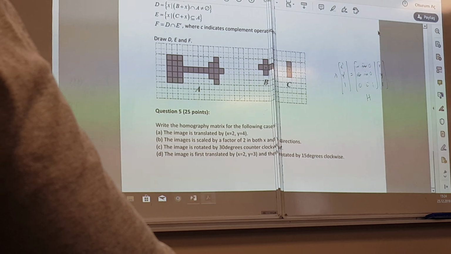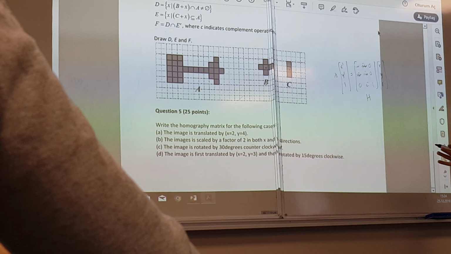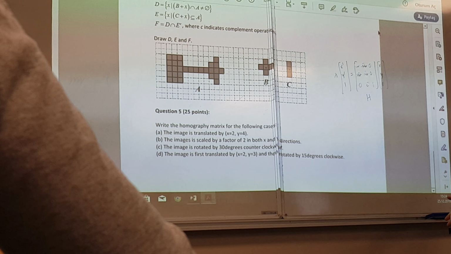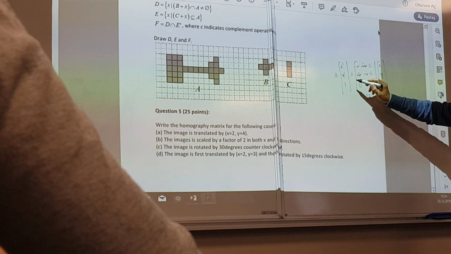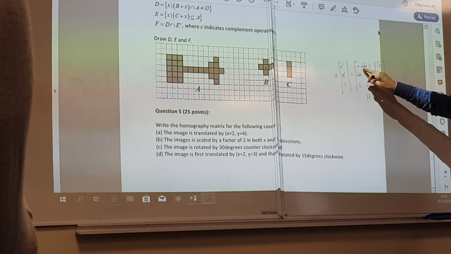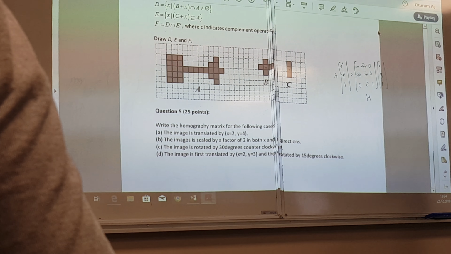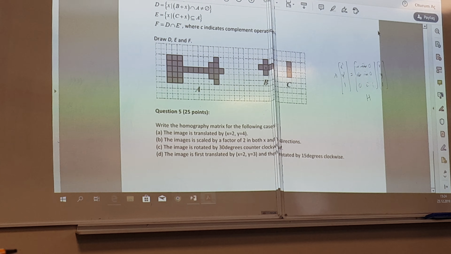The rotation formula was something like this, but you have to make sure whether this rotation is clockwise or counterclockwise. You have to verify that, because if it is clockwise rotation, then this will be plus and minus. For counterclockwise and clockwise rotation, the only thing changing is this sign over here. You're going to make it either minus 1 plus 1 or plus 1 minus 1, depending on counterclockwise or clockwise. So you need to figure it out. And for theta, you're going to put 30 degrees.